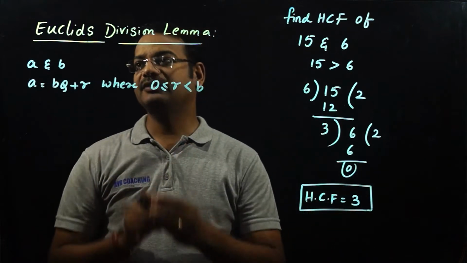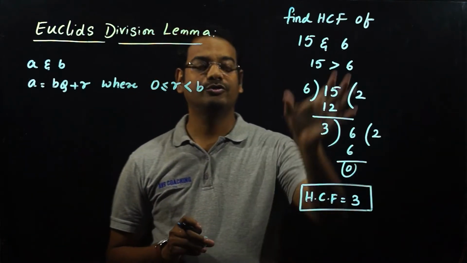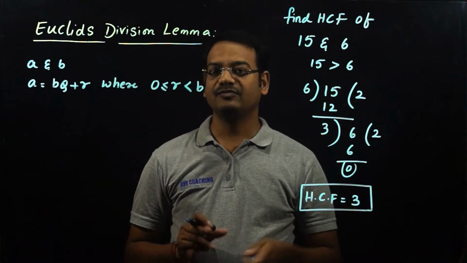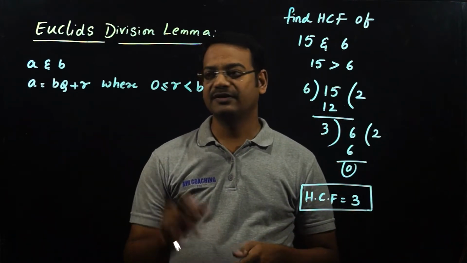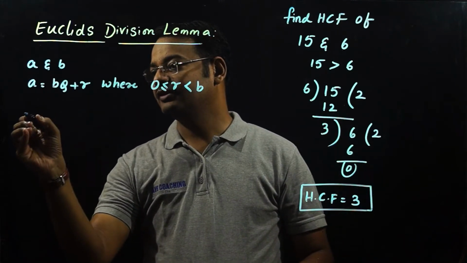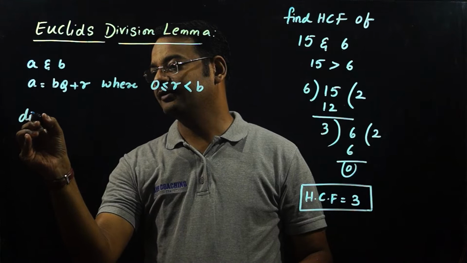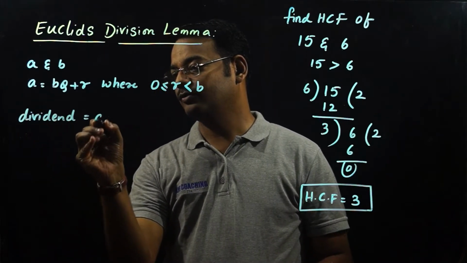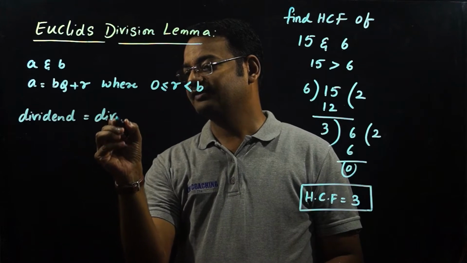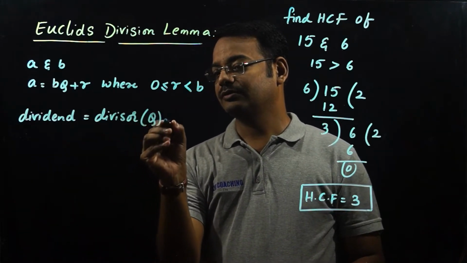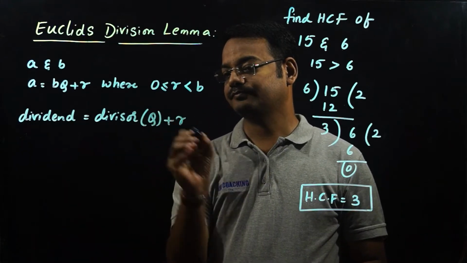Now, if we compare this Euclid's division lemma to the normal division algorithm or long division algorithm of finding HCF of two numbers, the division algorithm says that dividend is equal to divisor into quotient plus remainder.